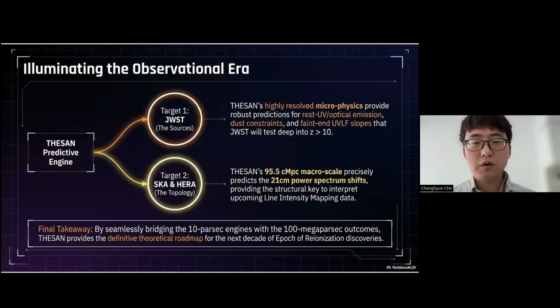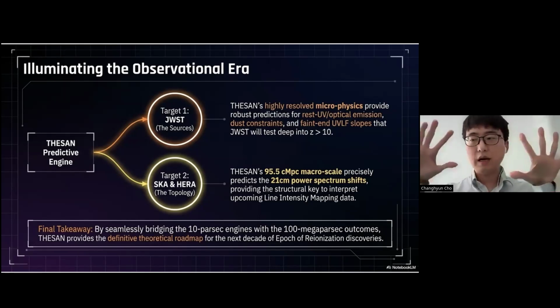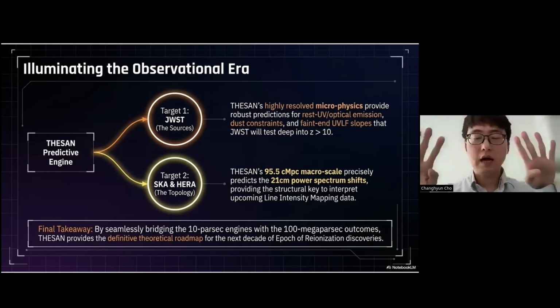Okay, so with THESAN and the Lumina simulation, we simulate the universe and we simulate the galaxies. We want to compare the JWST observational results with our THESAN-Zoom simulation results so that we can compare our physics.